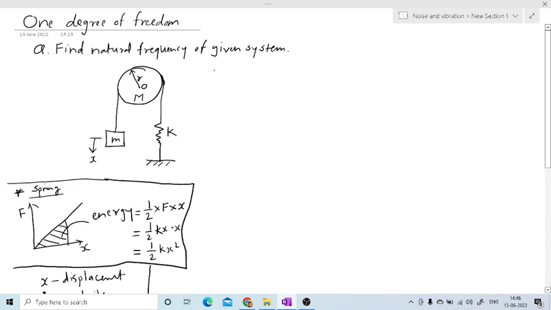So I can write the total energy in this system. I have represented this by T. T, the total energy, is equal to the kinetic energy of mass, that is mass M, plus the kinetic energy of the drum, that is rotational, plus the potential energy stored in the spring.